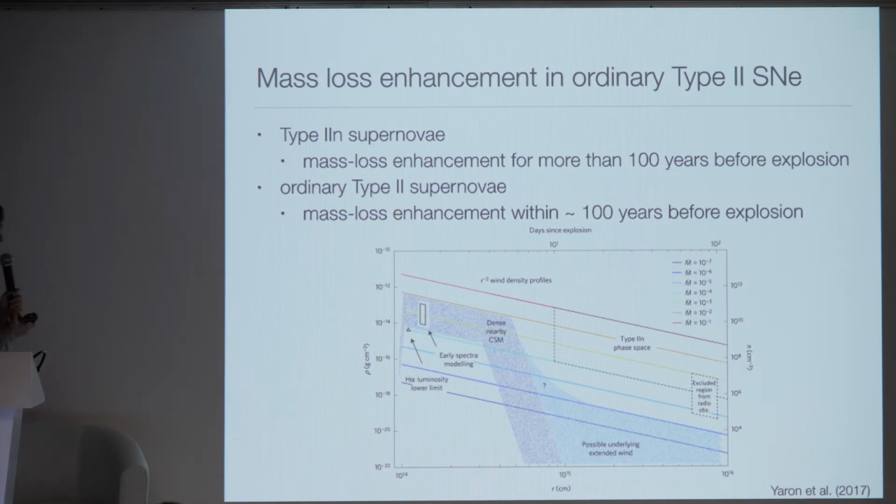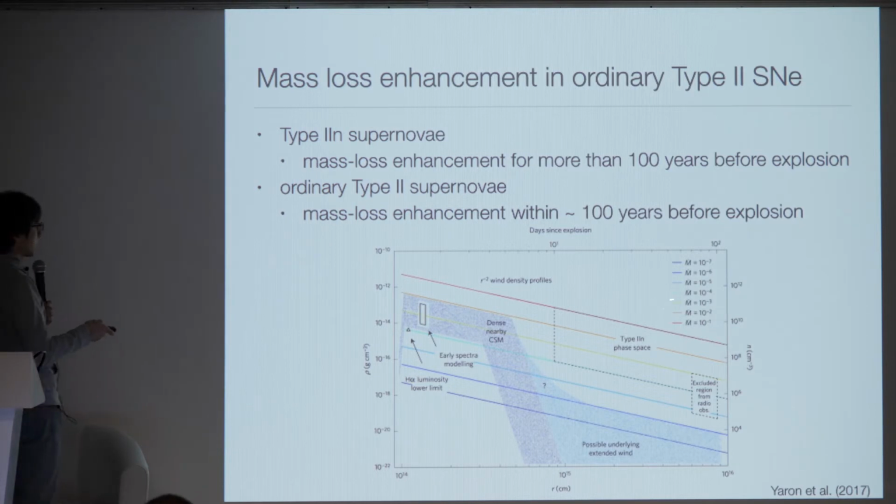And what's the difference between type 2n supernovae and these ordinary type 2 supernovae? As we saw, type 2n supernovae continue to show these narrow lines and continue to be bright for a very long time. This is again the density structure, radius and density.